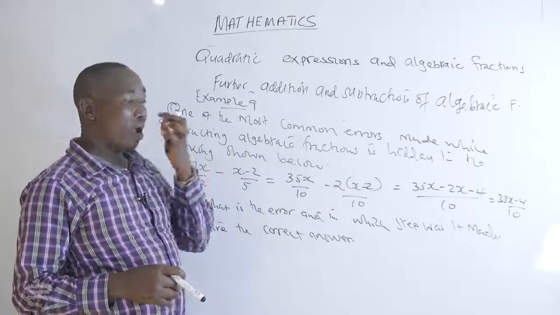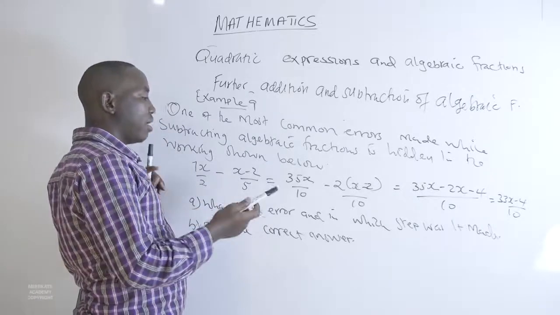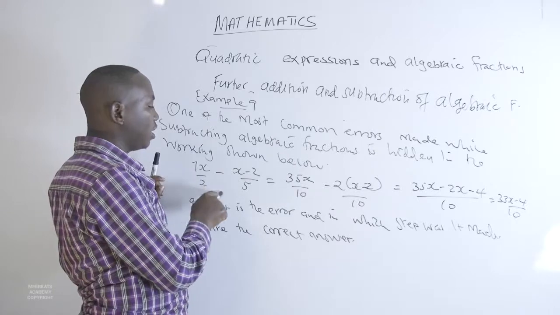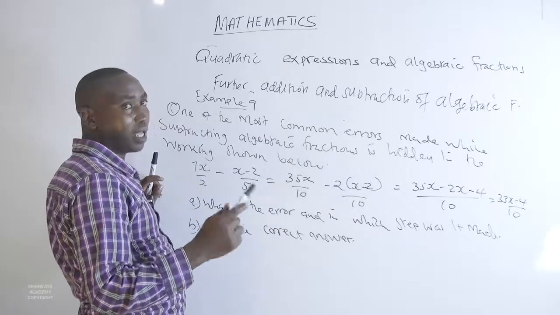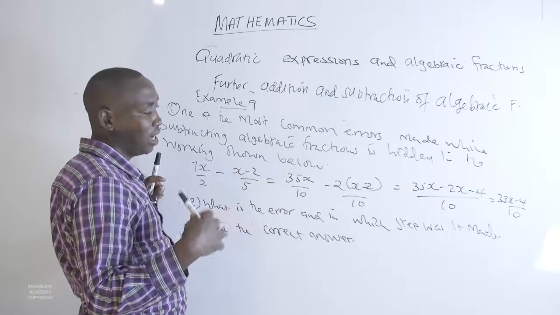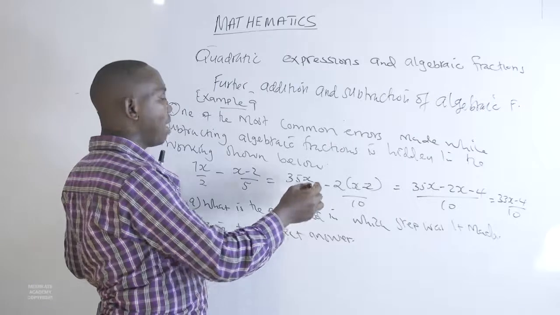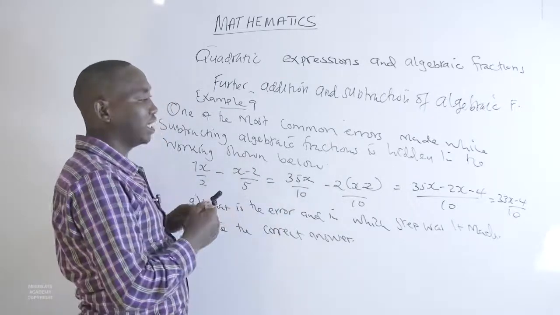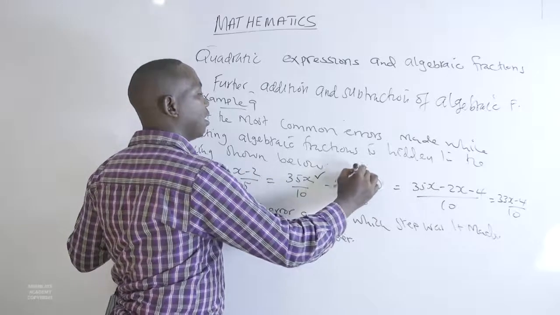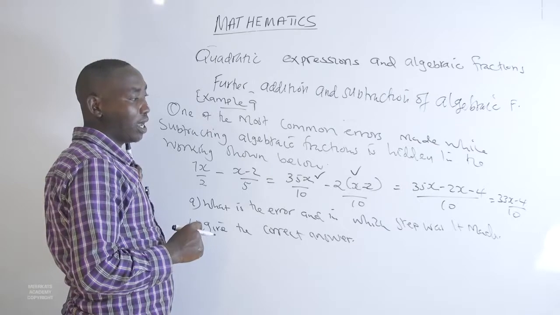So these were made into equivalent fractions, and for you to have made them into equivalent fractions, we look for the LCD of 2 and 5, which is 10. Then you express each of the fractions using 10 as the denominator. So this one gave us 5x over 10 minus 2 into x minus 2 all over 10. Up to here, both the two fractions are okay.